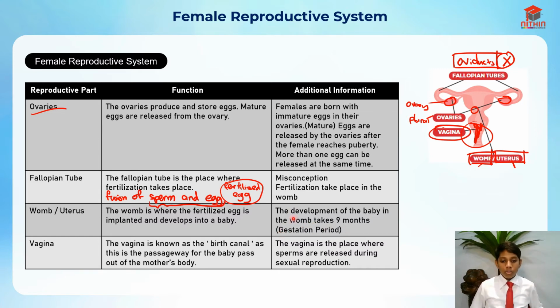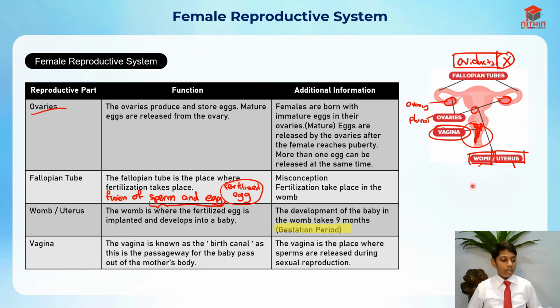So you can use this word in the exam. Instead of saying it takes 9 months to develop a baby, or during the 9 months of a female growing the baby, you can just say gestation period. This is an important keyword you should know.